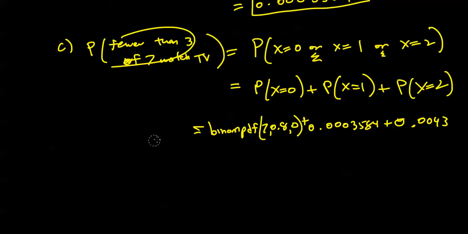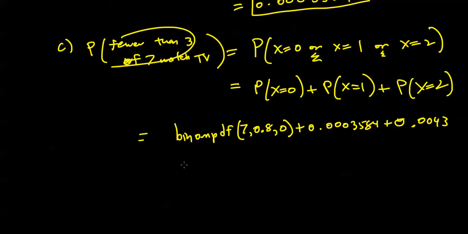That's kind of crowded there. Let me rewrite that. To these 2 previous answers, I want to add the probability of the 0 case. So I'll just add in Binom PDF, 7 trials, 0.8 probability of success in any one trial, and I'm looking for 0 successes in that case.